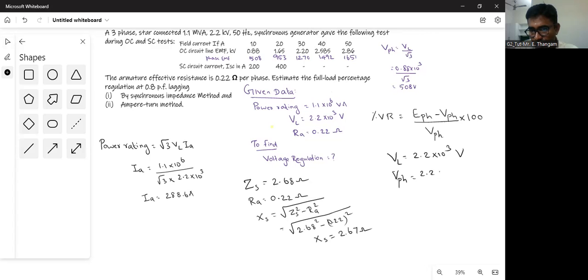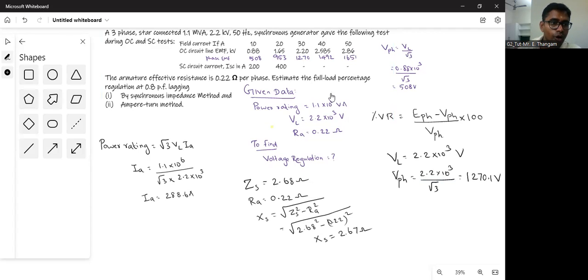So 2.2 into 10 to the power 3 divided by root 3. We will get the V phase value as 1270.1 volt.